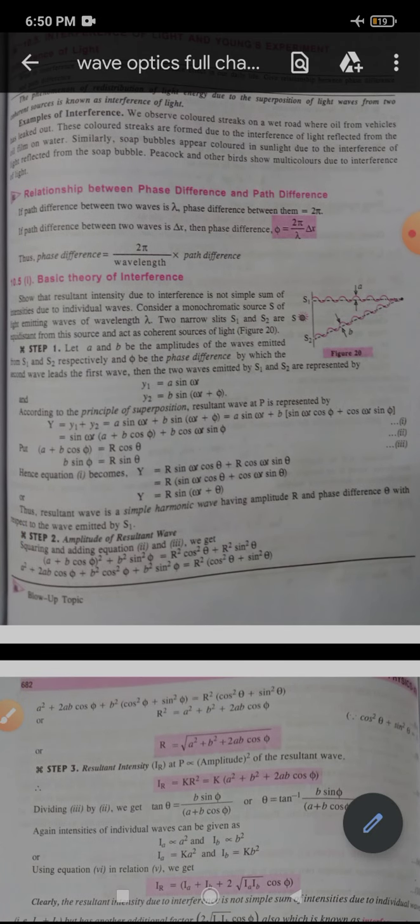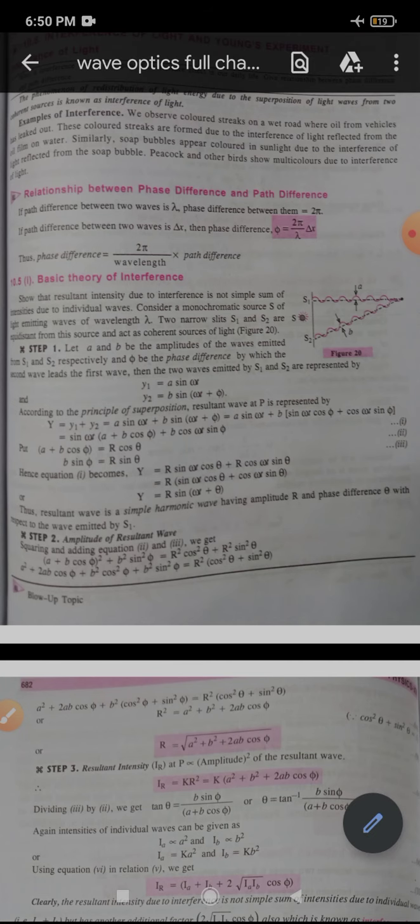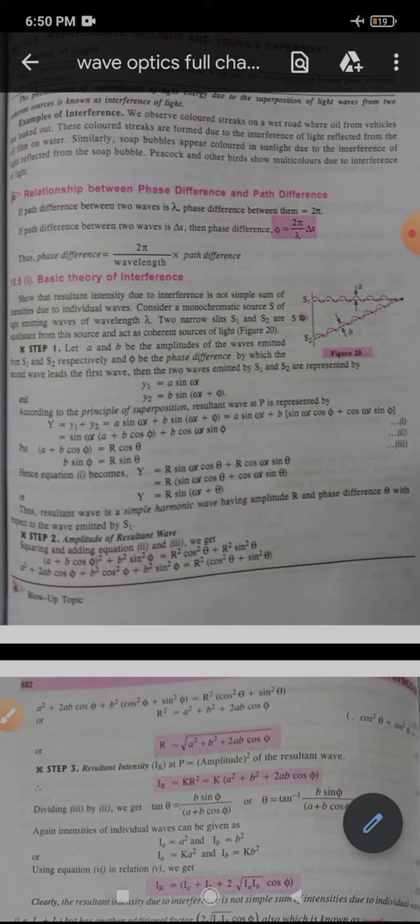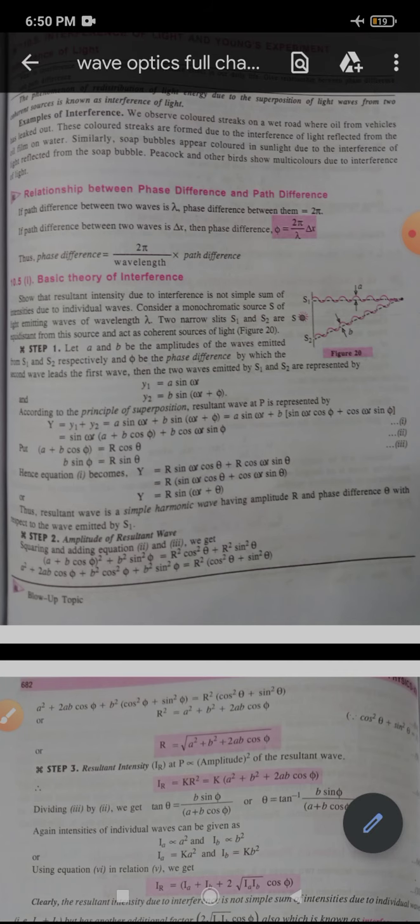So the relationship between the phase difference and the path difference is this. Sorry, let me restate: the wavelength of the waves is lambda and the phase difference corresponding to it is 2 pi, and the path difference between the two waves is delta x.